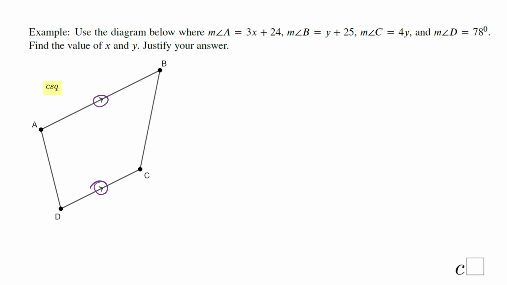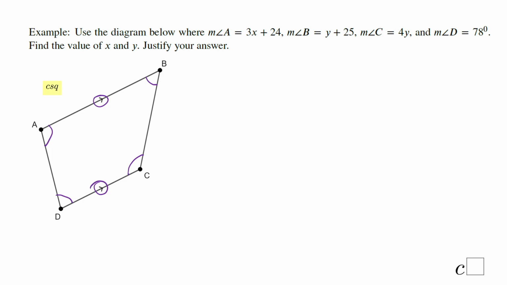And we know here the measure of angle A is 3x plus 24, and the measure of angle B is y plus 25. They don't even have the same variable. The measure of angle C is 4y, and the measure of angle D is 78.